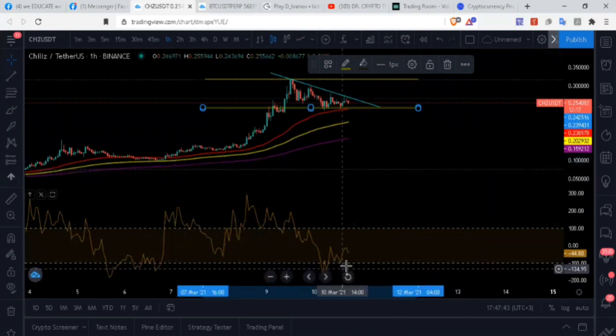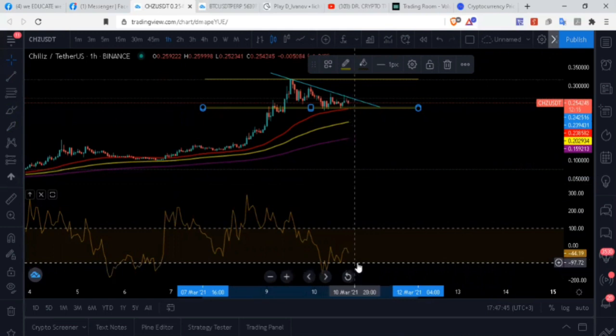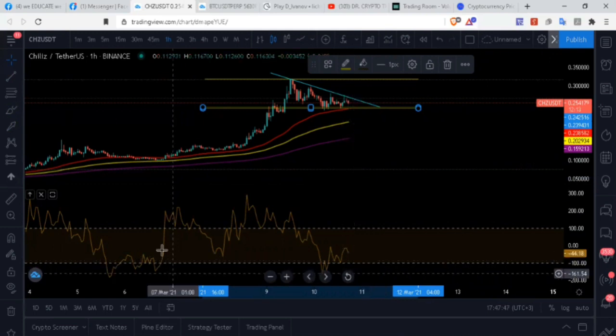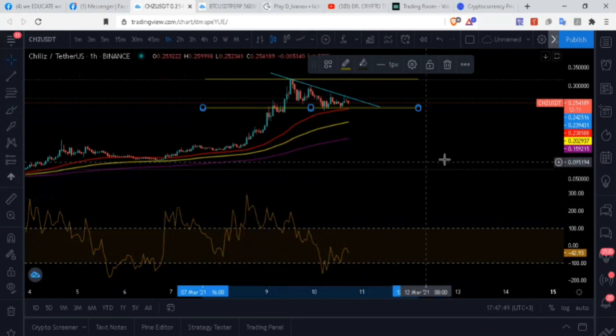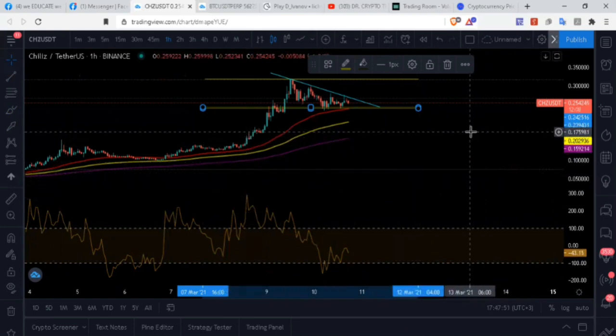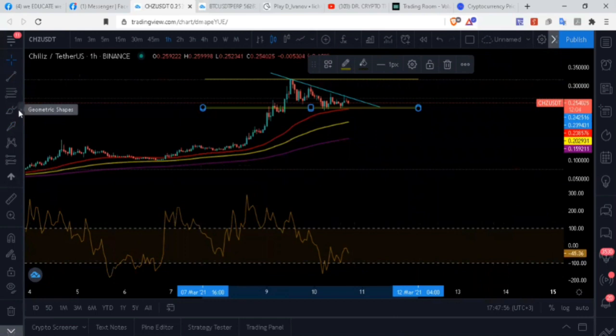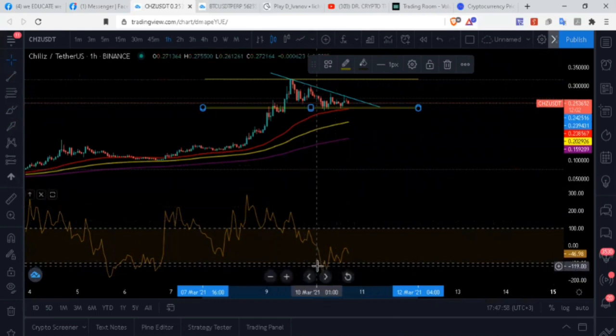CCI is printed below, in the oversold area. So if you use CCI, there's a strategy in CCI. If uptrend, we will buy on the oversold.